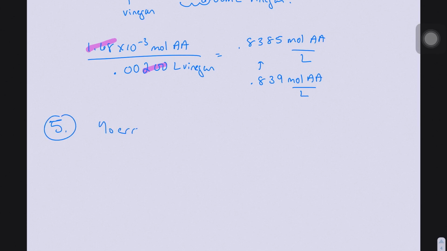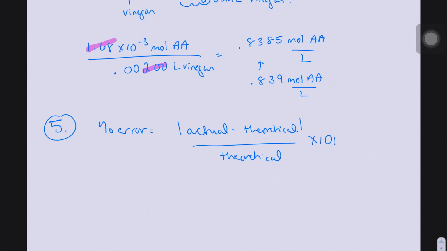Percent error equals |actual minus theoretical| over theoretical times 100%. These are absolute value signs, meaning if you have a negative number on the top, you just convert it to positive. So we just want a positive value for percent error.